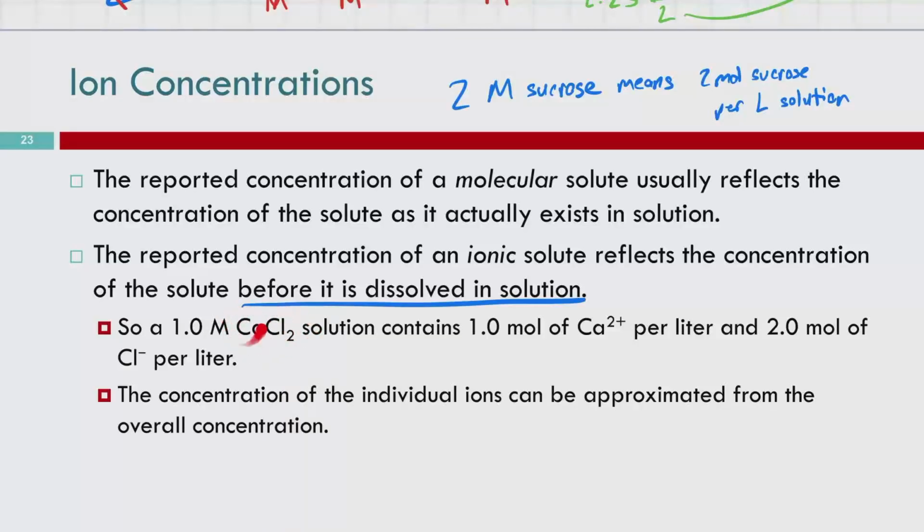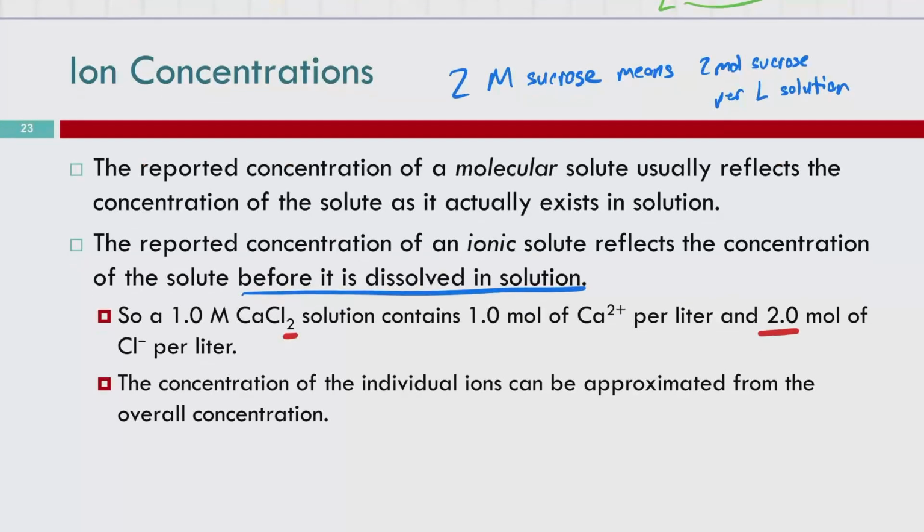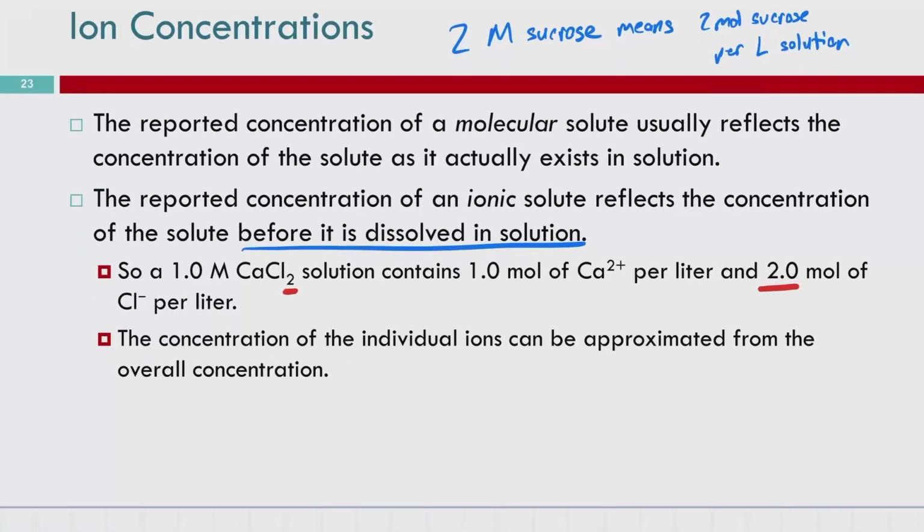Calcium chloride, though, has 1 calcium, it has 2 chlorides, and so it's going to have 1 mole of calcium per liter and 2 moles of chloride per liter. The 2 moles of chloride, because you've got 2 chlorides per 1 calcium chloride.